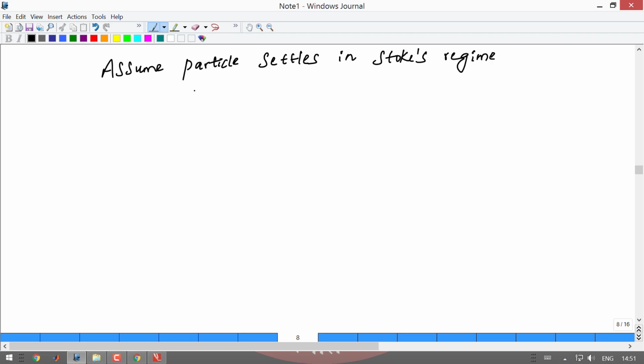So in Stokes regime, the terminal velocity of the particle is given as... So now we have to find the settling velocity of the 50 micrometer particle.